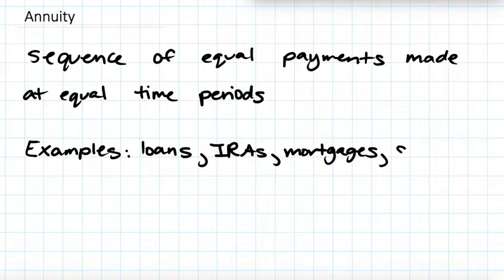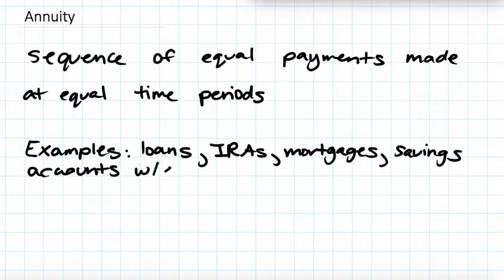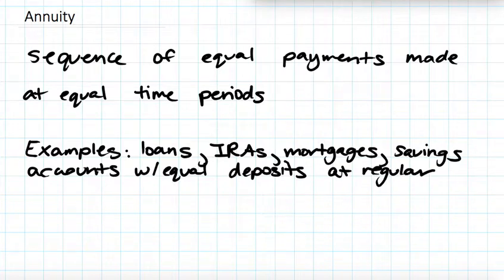And any time where you have a savings account where you're making equal deposits at regular intervals. So something like maybe a college savings account for kids where you're depositing the same amount on a regular basis. Or like IRAs where you have the same amount taken out of your paycheck every paycheck.